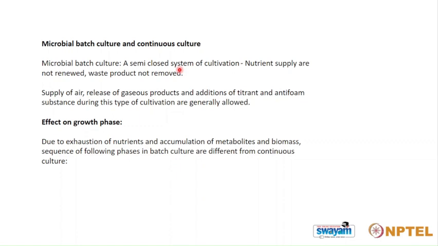So that is why we can call this batch system a semi-closed system, because nutrients and waste products are not removed from the cultivation system, but the air will be going inside, and the gaseous products will be coming outside of the batch culture system.